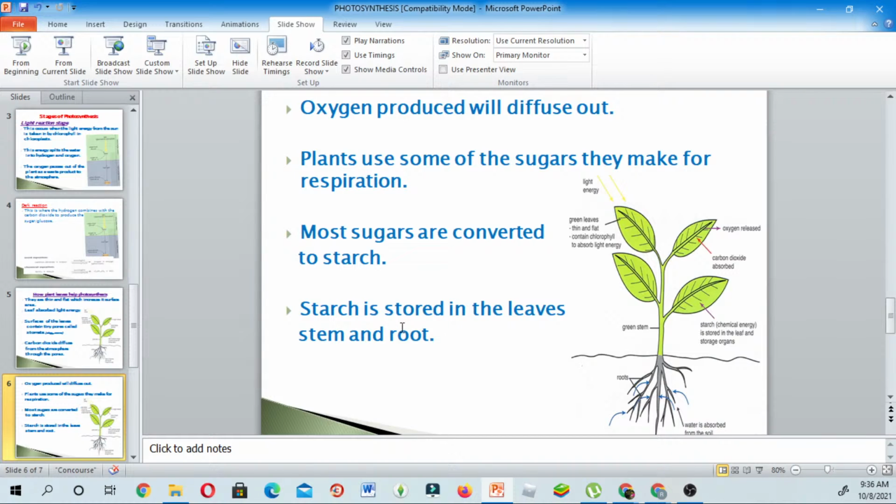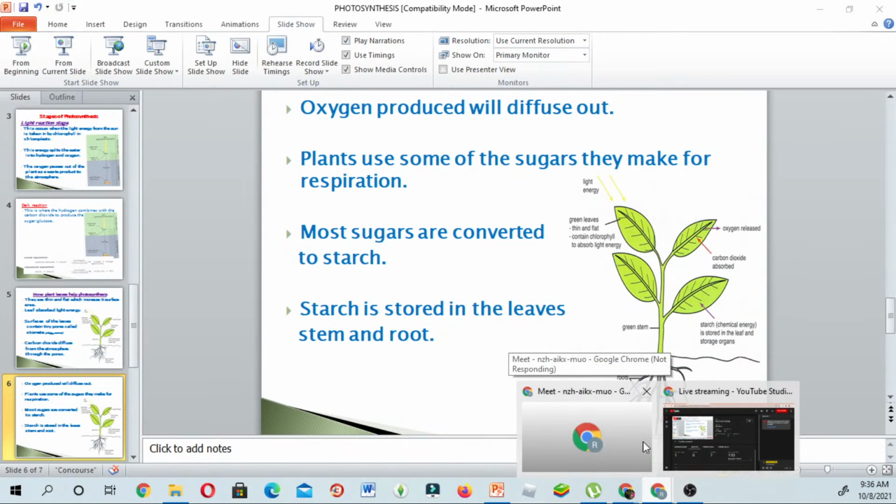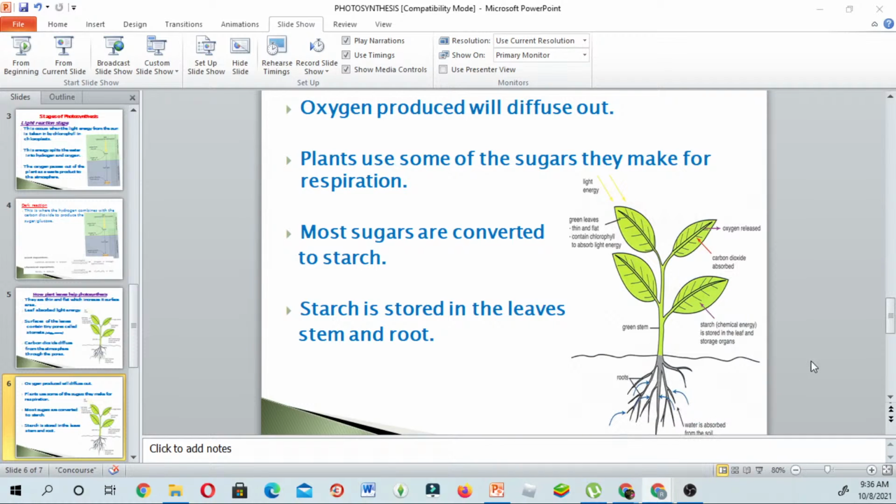And starch is stored in the leaves and the stem, also the root of the plant. So plants store carbohydrate in the format of what is known as starch. That's what it is actually stored as.